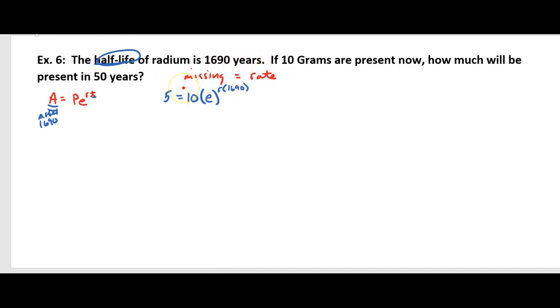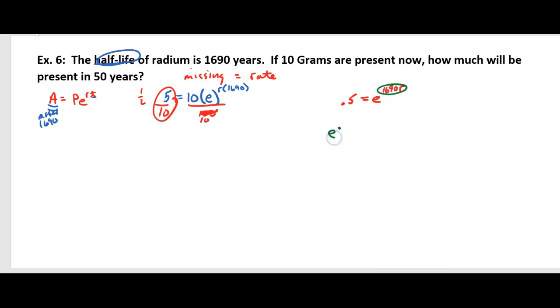So before I can figure out how many grams are present after 50 years, I have to go and find the rate. The first thing I do to find that is get e to the 1690r by itself by dividing by 10. And if you think about it, it will always end up this way. I'm going to get 1/2, or I'm just going to make it easy and say 0.5 because that's equivalent to 1/2, equals e to the 1690r. Well, how do I get this down?